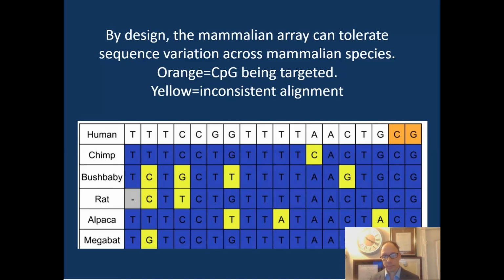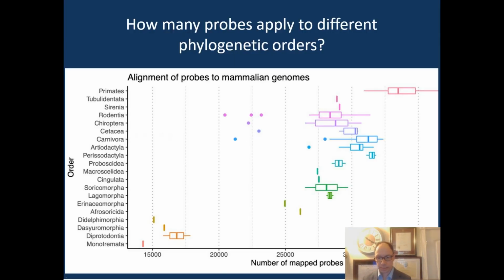And in general, as we look at many different mammalian species, there will be mutations. And now the mammalian array can tolerate a few of these mutations per nucleotide sequence. And therefore, we can measure CG, cytosine methylation, in many different species. Here I show you how many cytosines apply to different phylogenetic orders.